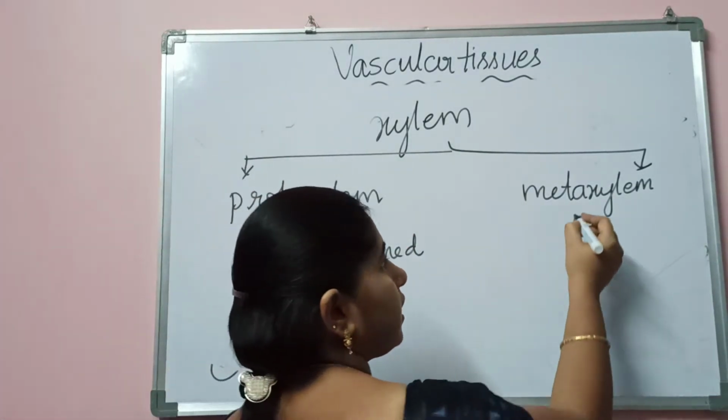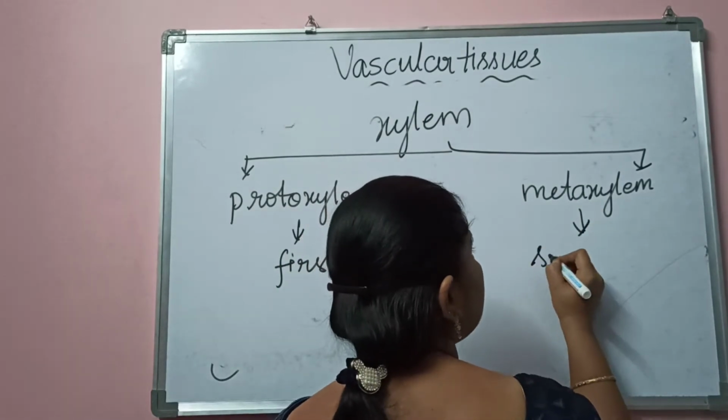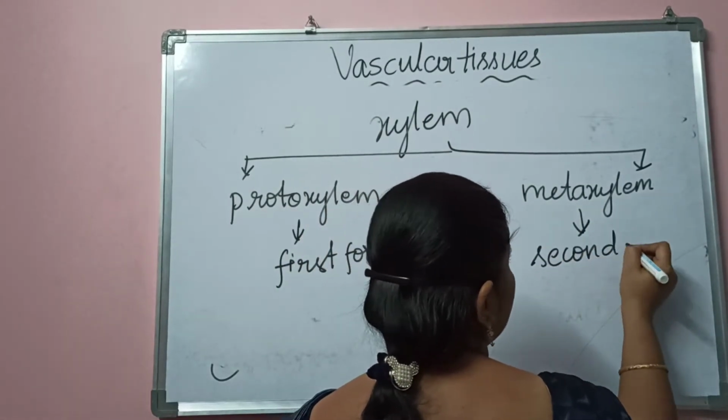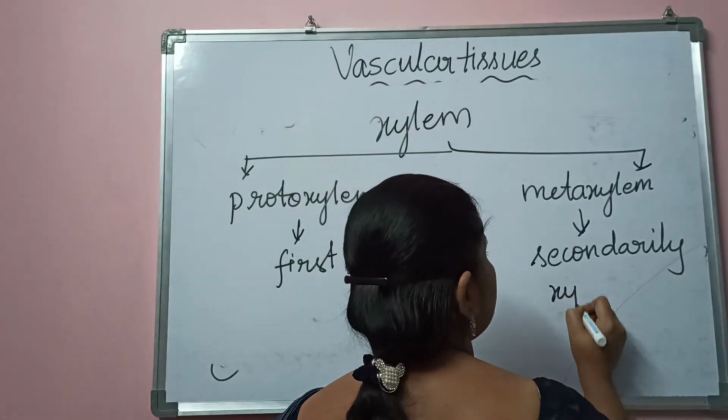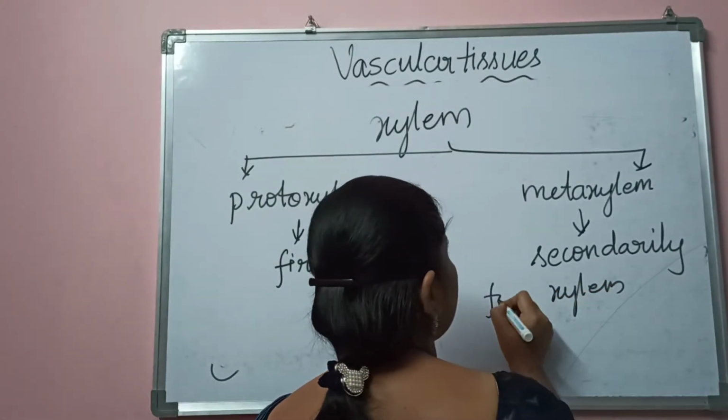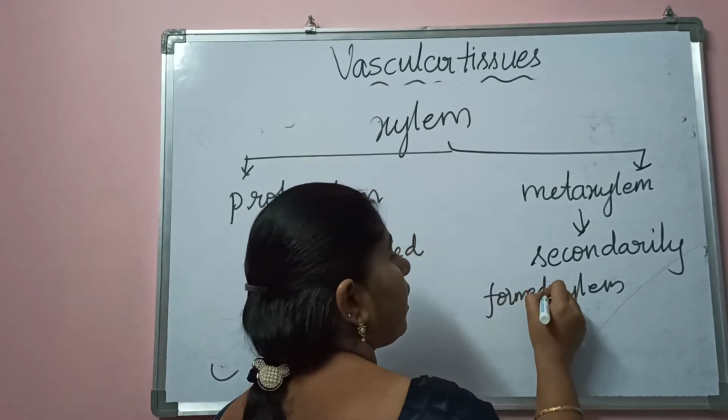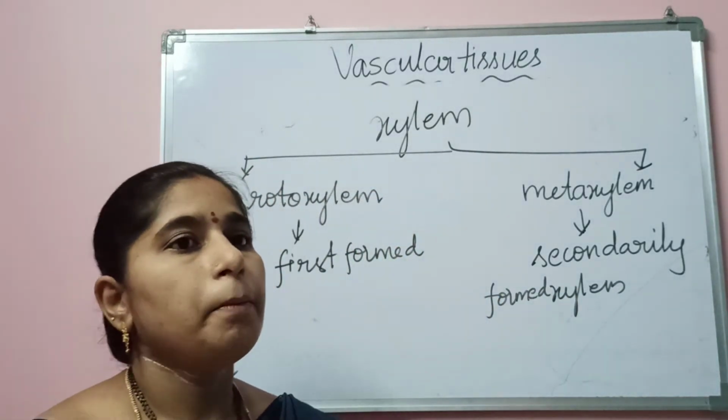The next formed xylem, the secondarily formed xylem, is called metaxylem.